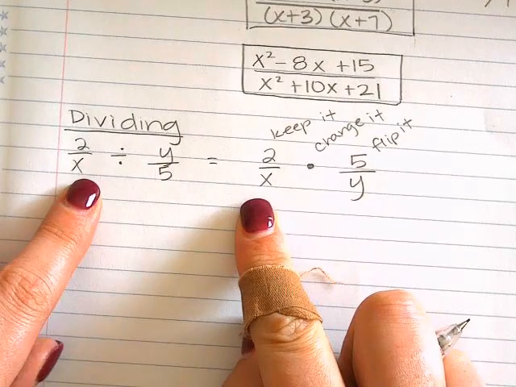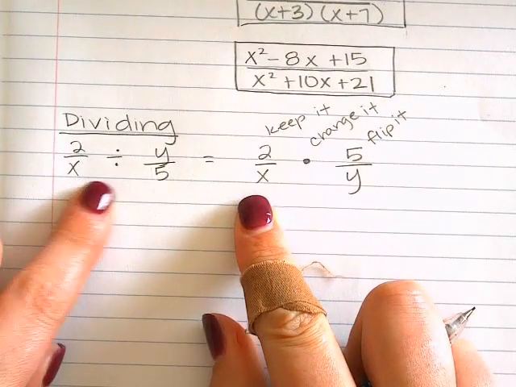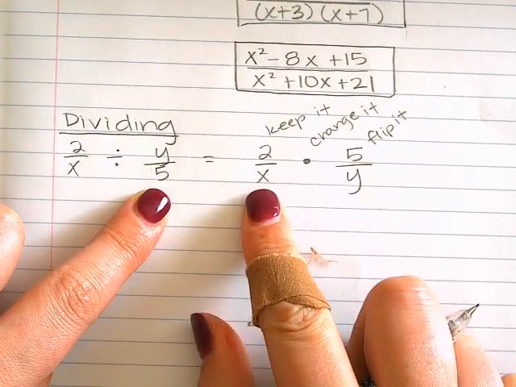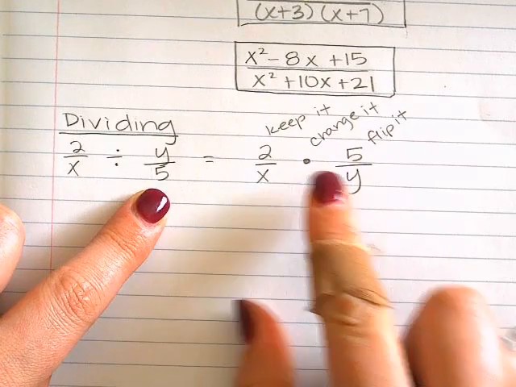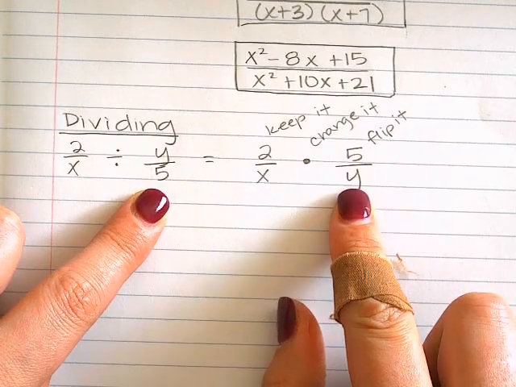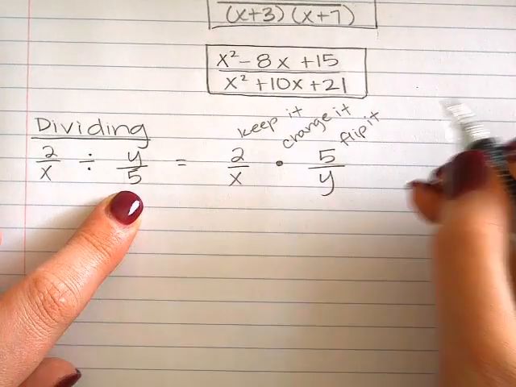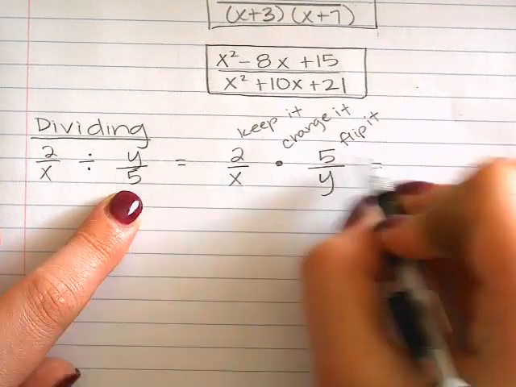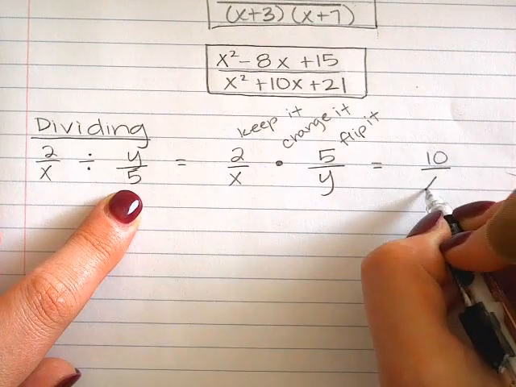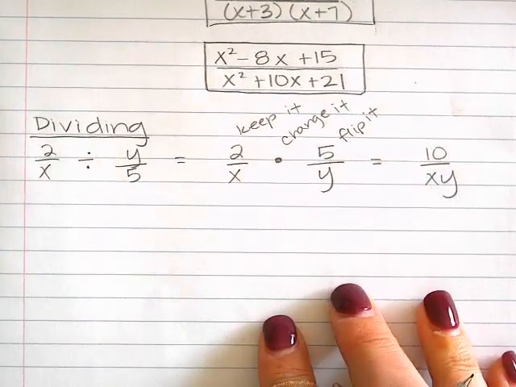So if you have one fraction divided by another fraction, you keep the first fraction and then you multiply by the reciprocal. So keep it, change it, flip it. And at this point, we just turned it into a multiplication problem, and so we're going to multiply straight across. So 10 over xy. Okay.